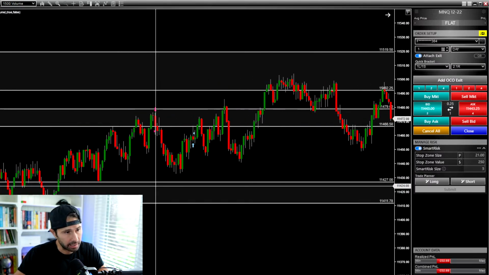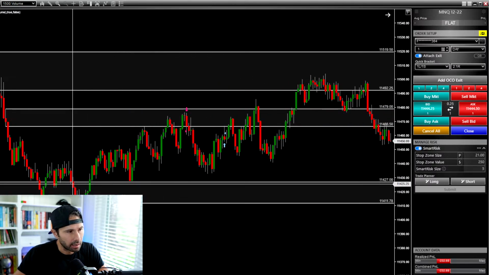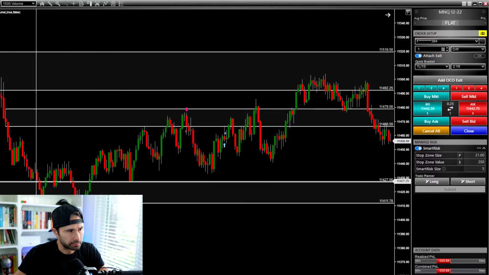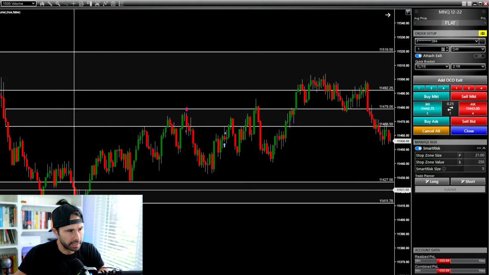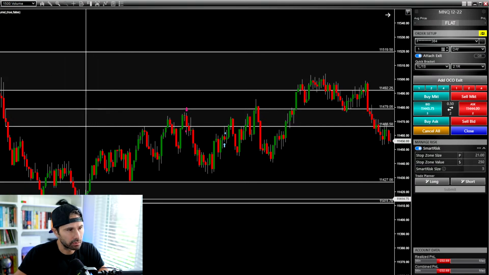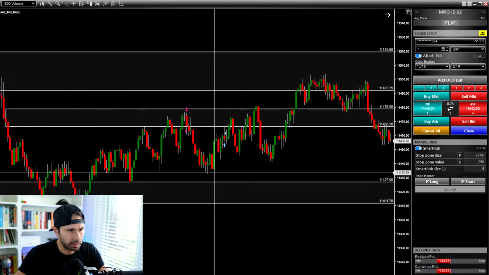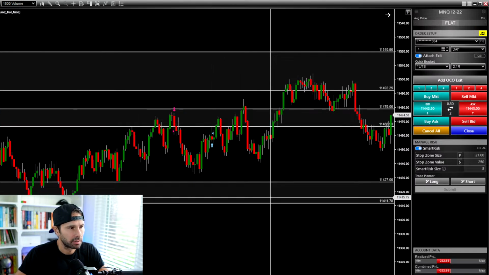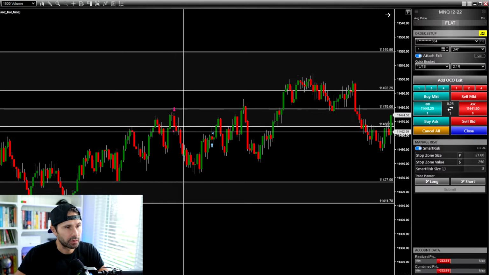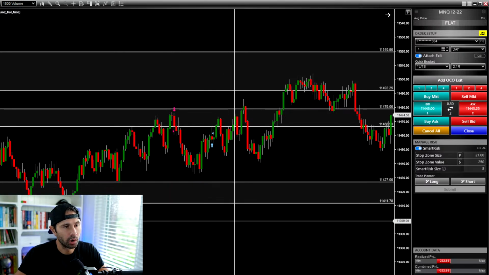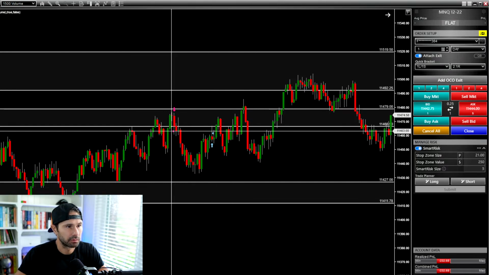I won't buy here again, because of this price action. We came here, we violated the zone, and then we came back up. But I think this area is not valid for me anymore. That's why I was trying here to get to lower levels.